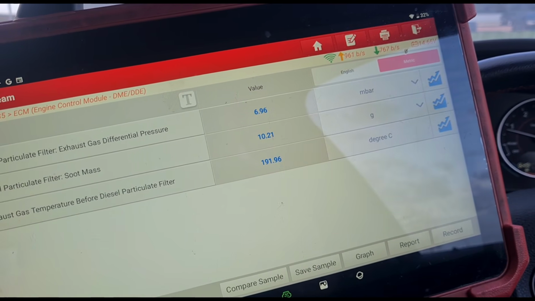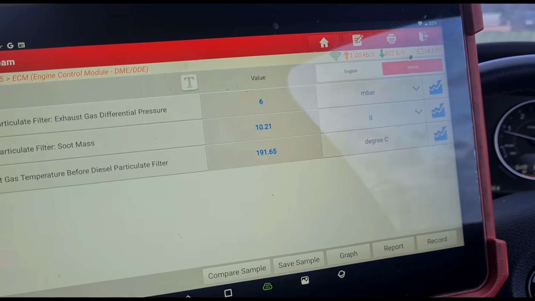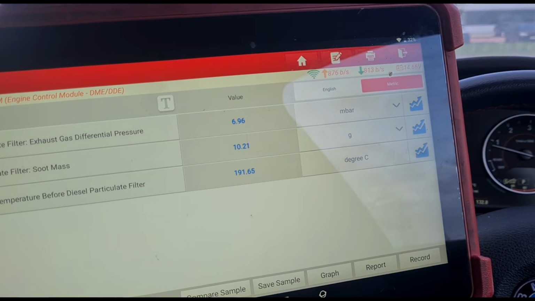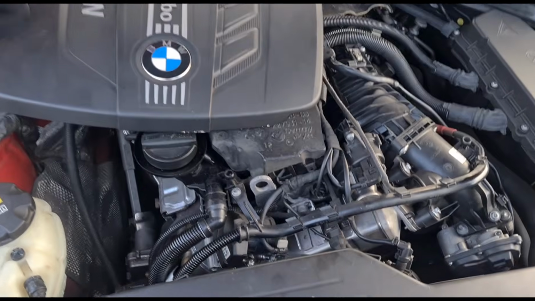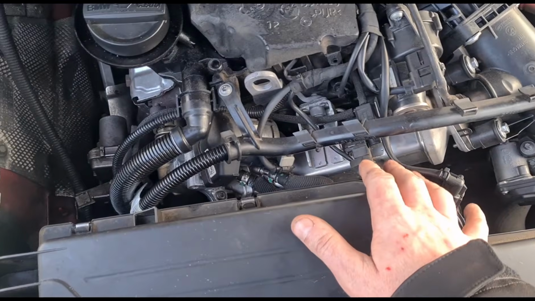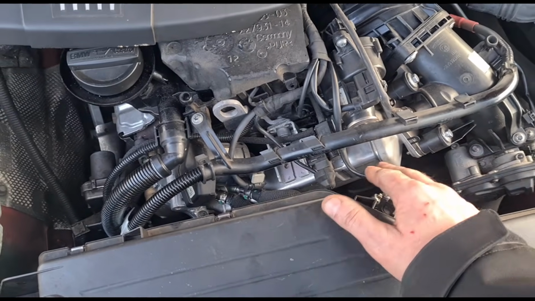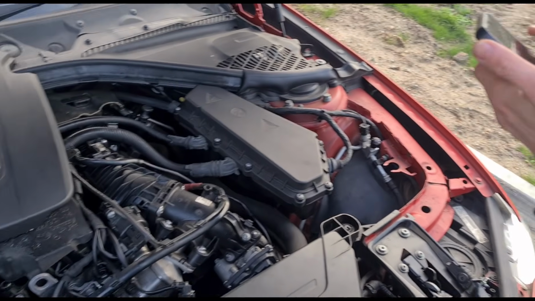Something's making it jump up and down a little bit. I would suspect on this that maybe the EGR cooler or the EGR itself is partially blocked. So I was going to suggest, like I said to the customer, having a look inside this EGR cooler here, but he said that's already been apart. He's got a picture of it here somewhere, so just waiting for him to get that.